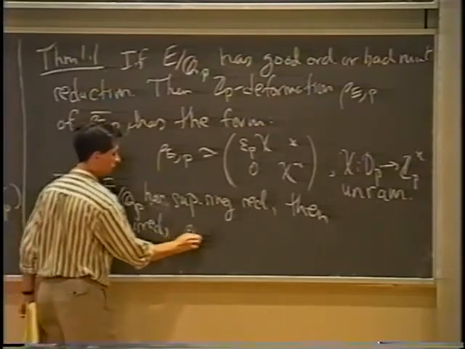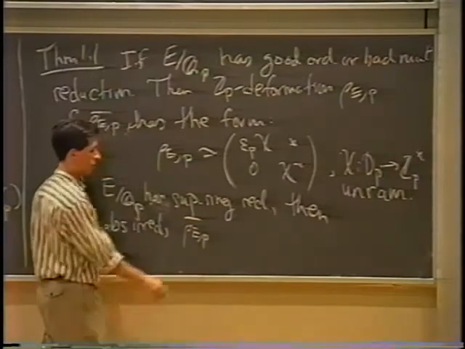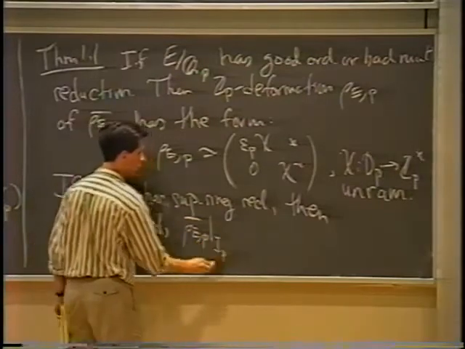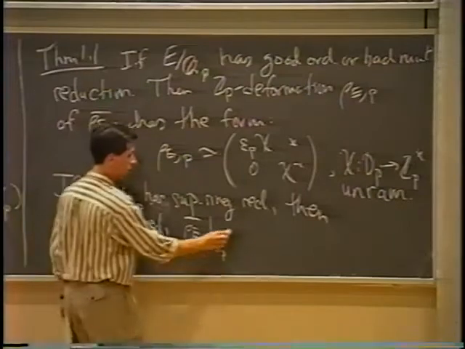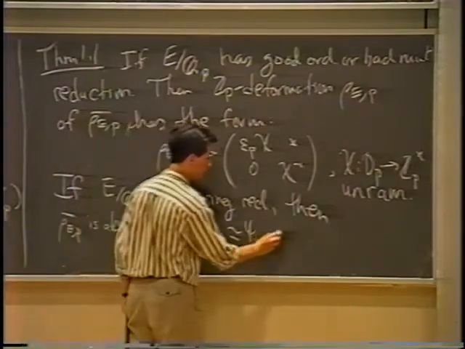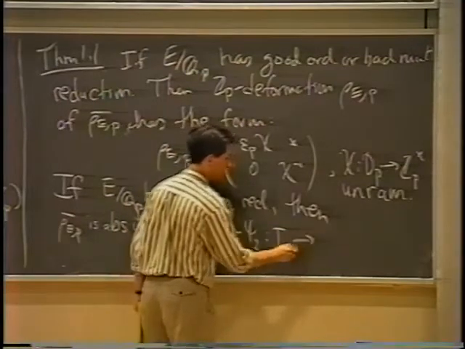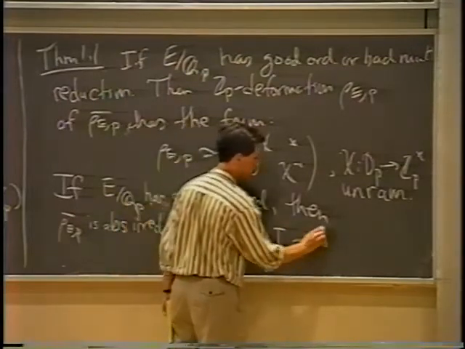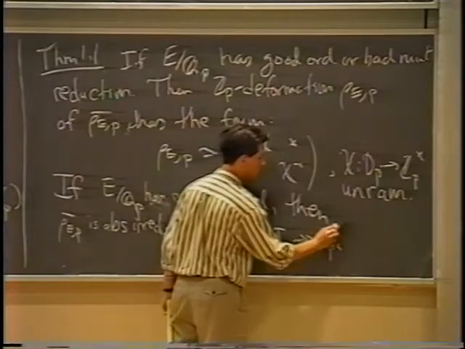And more precisely, if we restrict to the inertia group at p, this is isomorphic to what's usually denoted the fundamental character of level 2, which maps the inertia group through its tame quotient onto F_{p^2}^*.